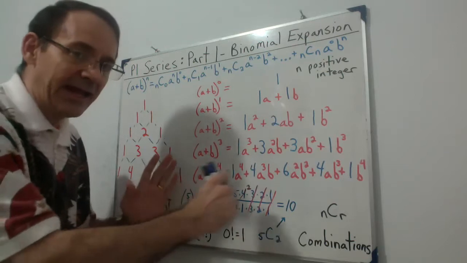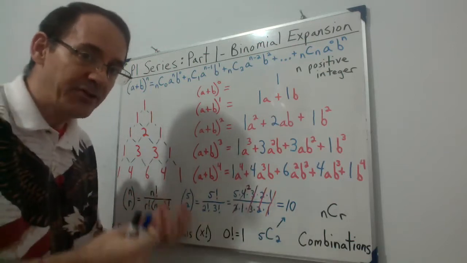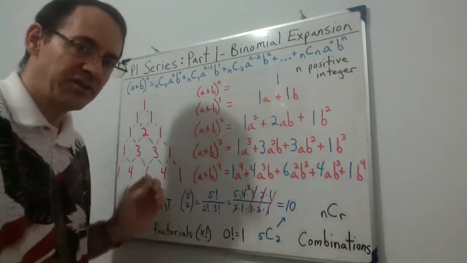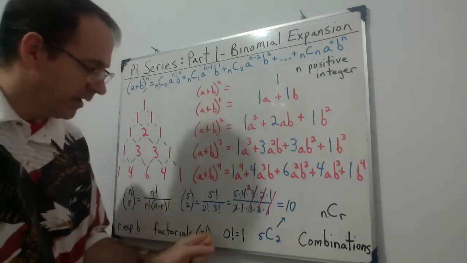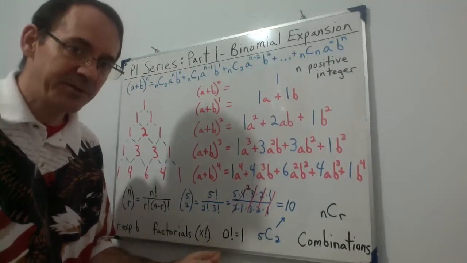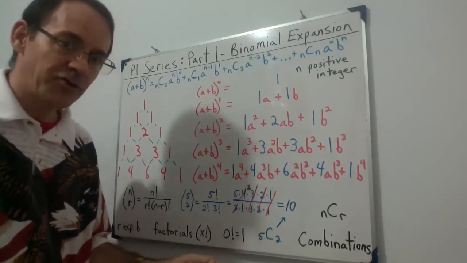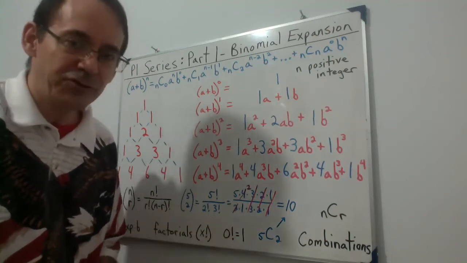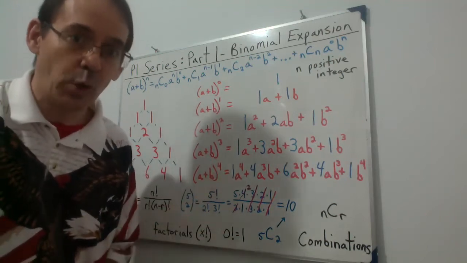So when they analyze what happens when you get a 0 factorial, in order to make the system consistent, that value needs to be a 1. So they just define it. 0 factorial equals 1.